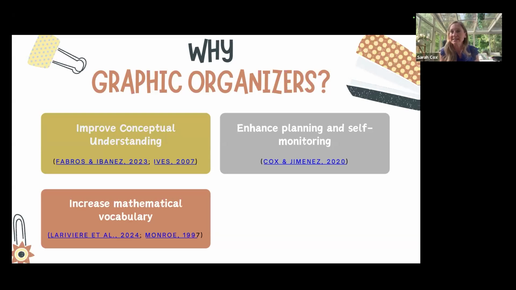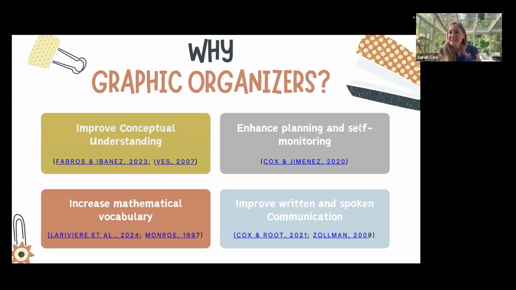Here are two studies that specifically have done that. And then last but not least, we can also use graphic organizers to help our students improve in their written and spoken communication. Here are two additional studies that have found positive effects for improving this part of math communication and math writing.